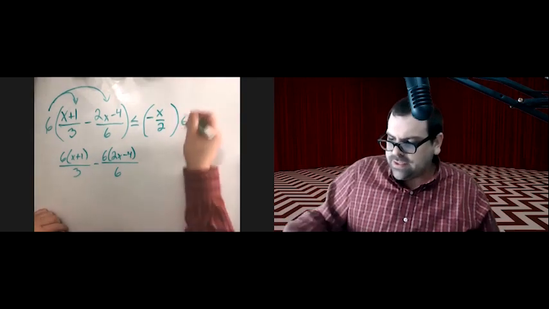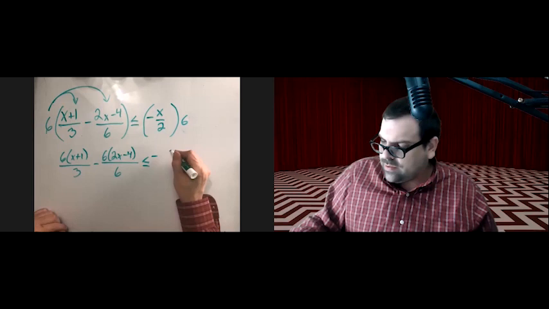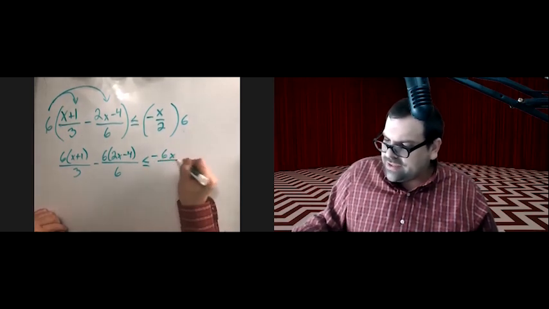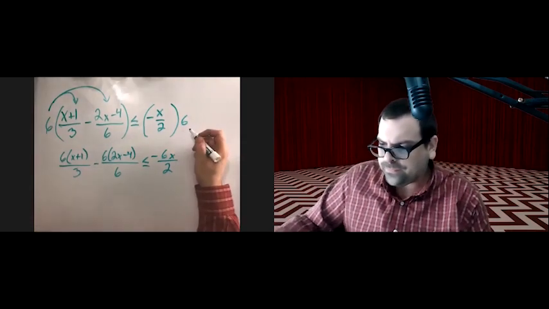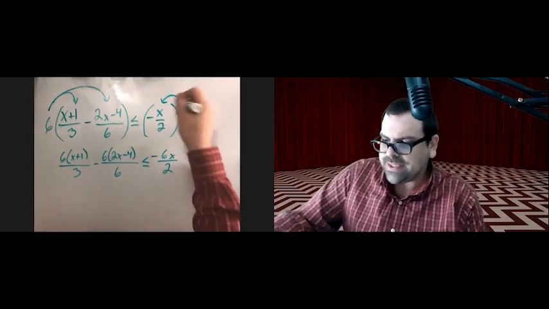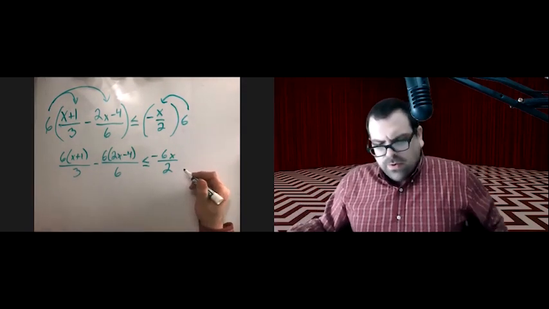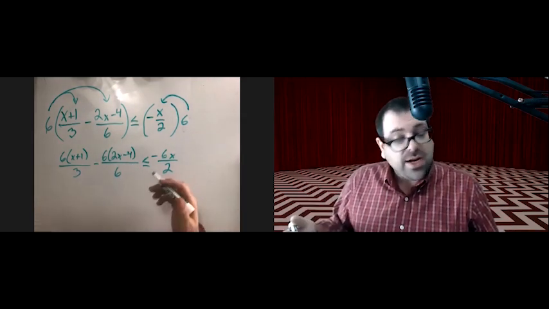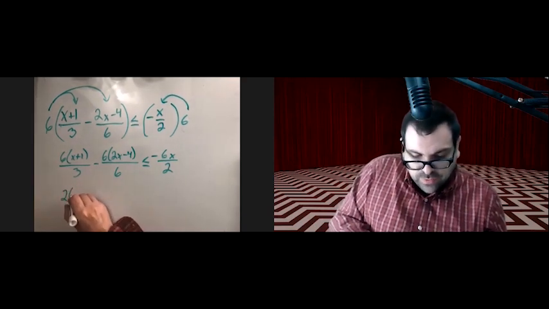And here, it's like having a negative 6x over 2 instead of just an x over 2. The 6 gets multiplied by that fraction. How is this helpful? Like I said, it's going to get rid of the fractions for us because 6 over 3, that's just 2.